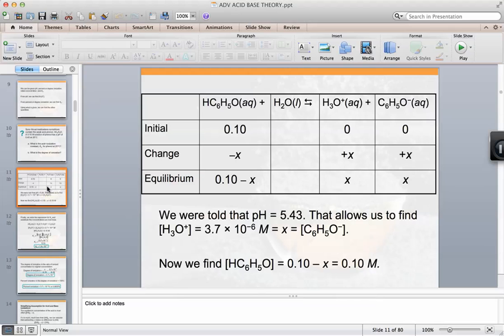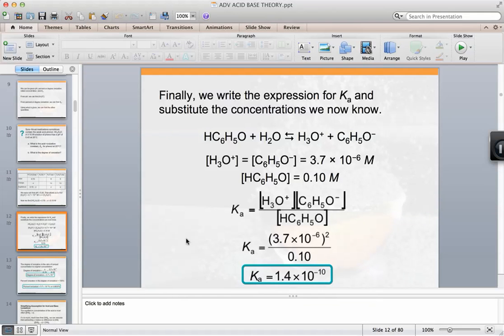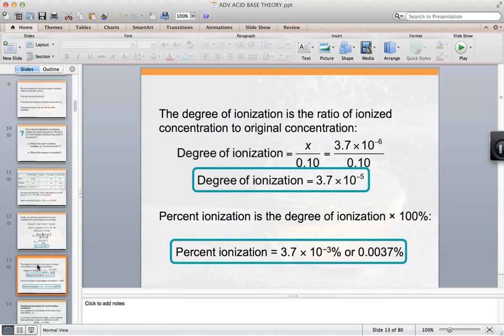So notice that they're giving us the setup. We find the hydronium is 3.7 times 10 to the minus 6, which is going to be 0.00037. Very little hydronium. We find that the Ka is 1.4 times 10 to the minus 10, as we predicted. And we also find that the percent ionization is 0.0037%.